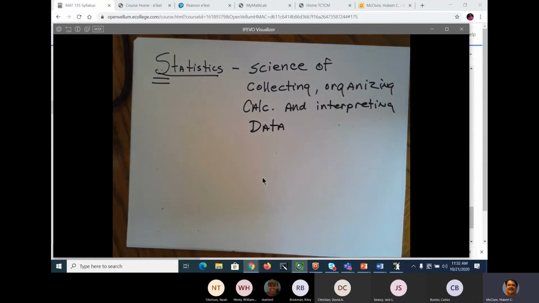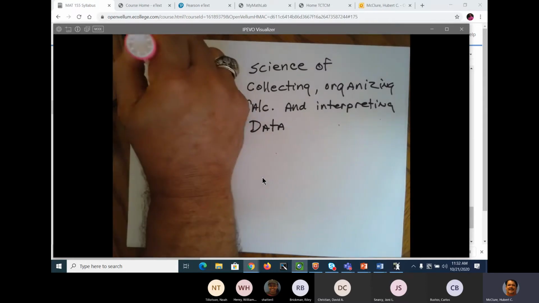Okay, so when you're talking about uppercase statistics, when you're talking about the capital S statistics, you're talking about the science with data.